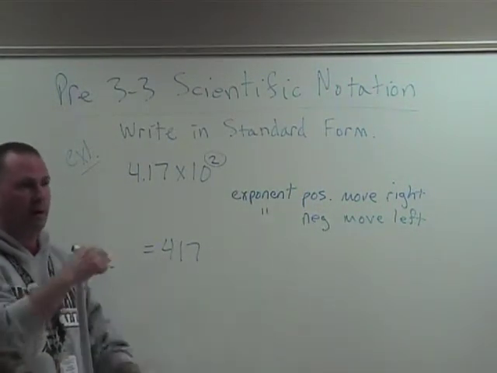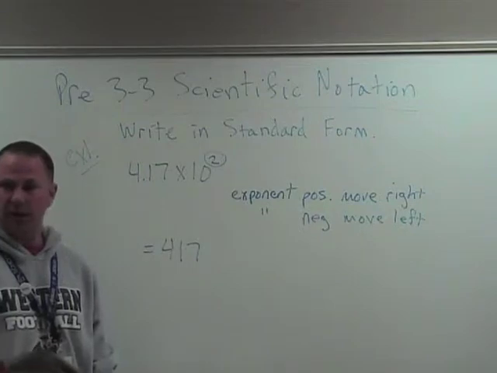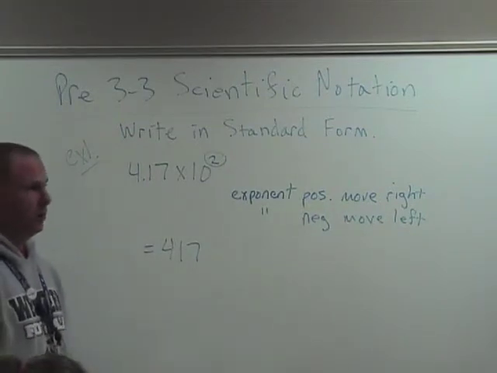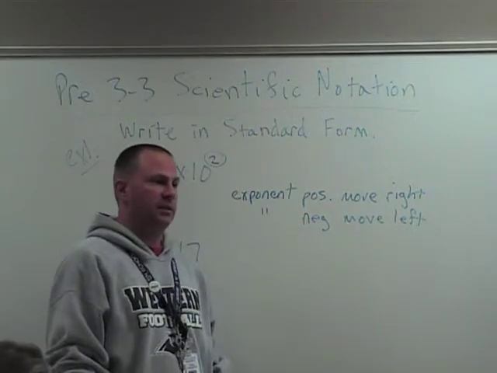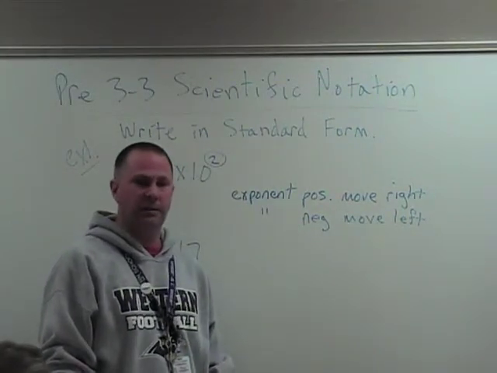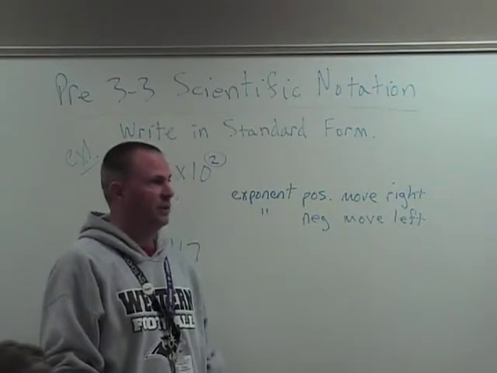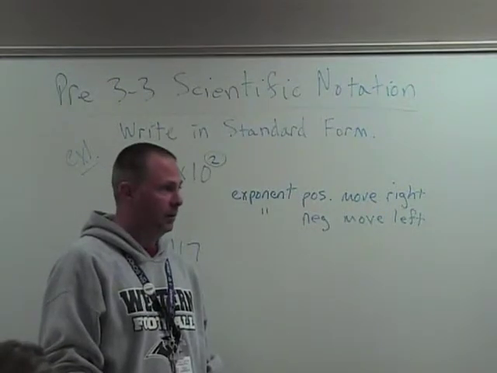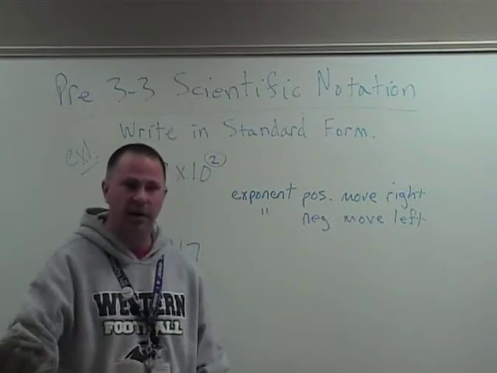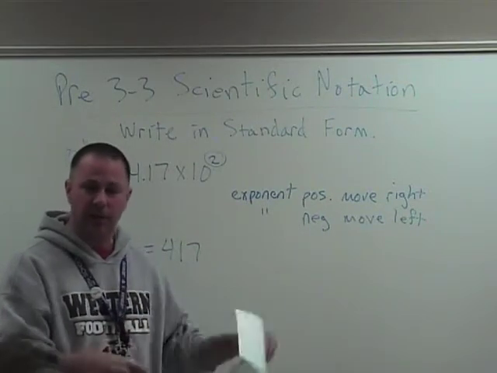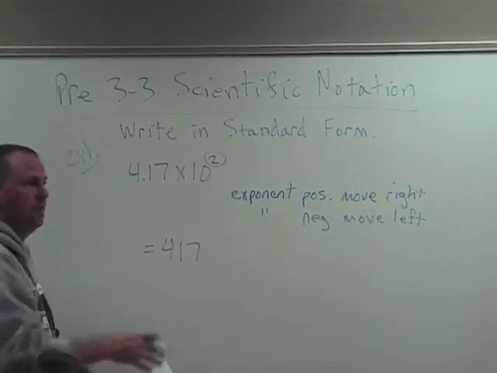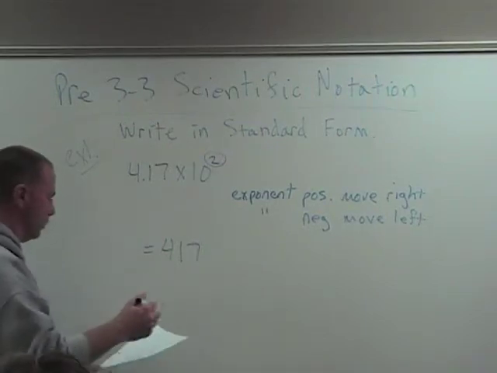Trying to shorten how many numbers you're actually writing down. Something's 135 trillion, 516 billion, 419 million, 217,001. Instead of writing all that, it'd be nice to have a way to write it in a shorter fashion. So that's what scientific notation does. It puts it in a shorter form.